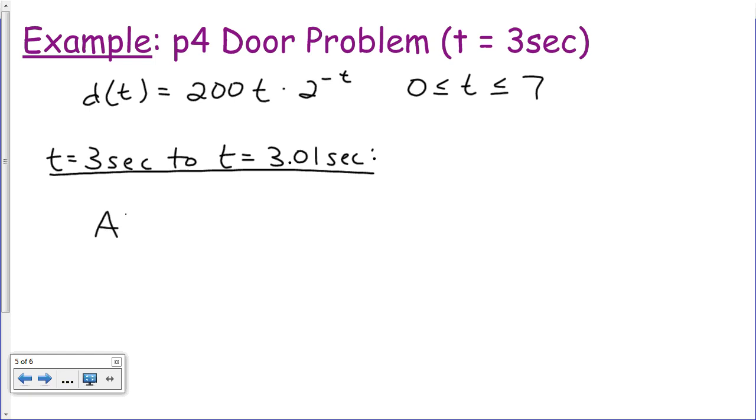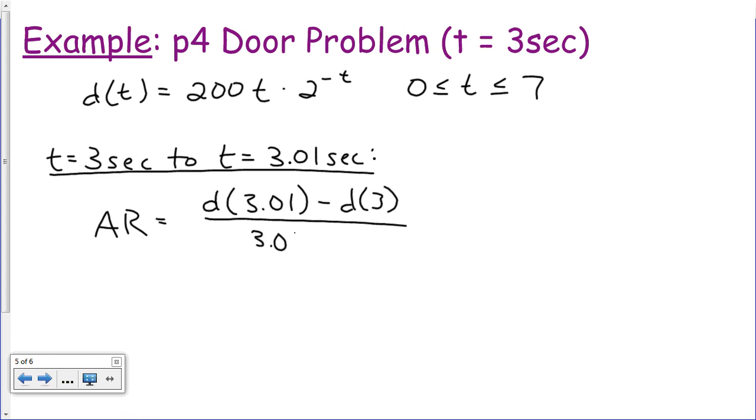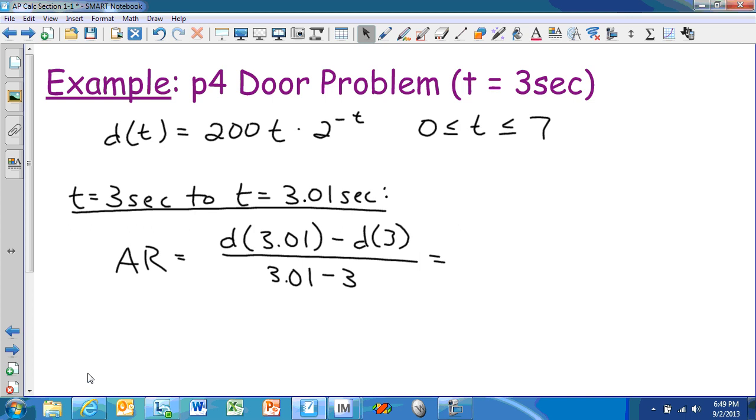So our average rate is equal to, again, it's a slope. Another word that we use to describe a derivative is its slope, the instantaneous rate. And it can be approximated with this average rate. So it's d evaluated at 3.01 minus d at 3, divided by 3.01 minus 3. So let's jump to our calculator and we'll just have it help us with that calculation here.